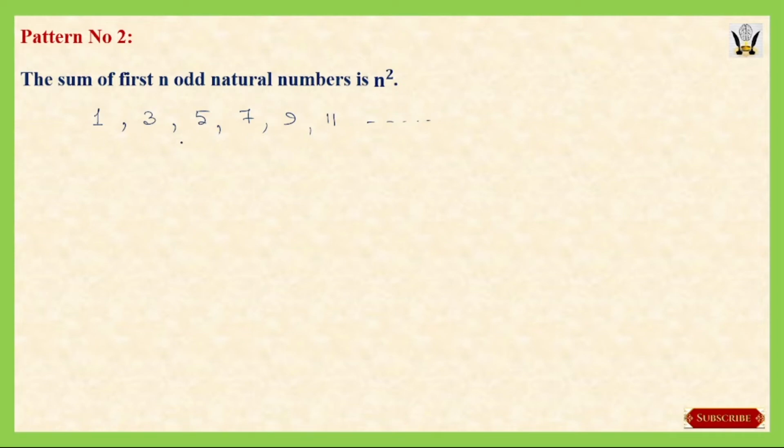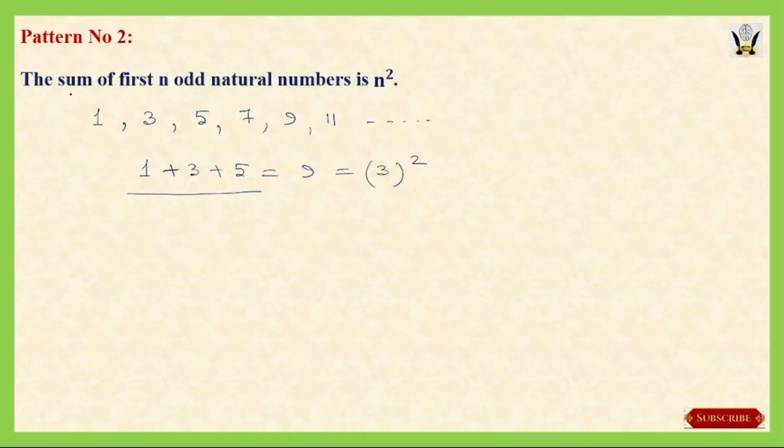So let's choose the first 3 odd natural numbers. If we add these 3 numbers, it will be 1 plus 3 plus 5. How much is it? It is 9. And that is the square of 3. Here we have chosen 3 numbers, 1, 3 and 5, so altogether there are 3 odd natural numbers. So it will be 3 square.